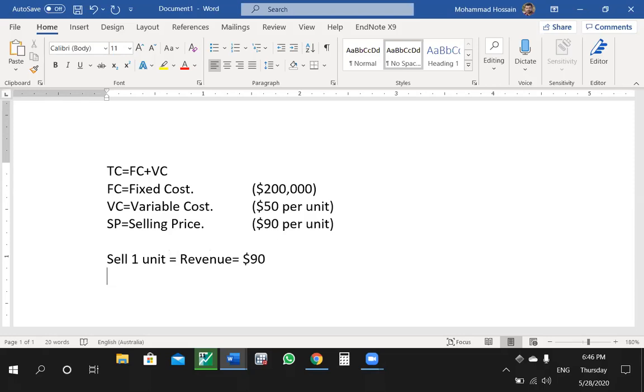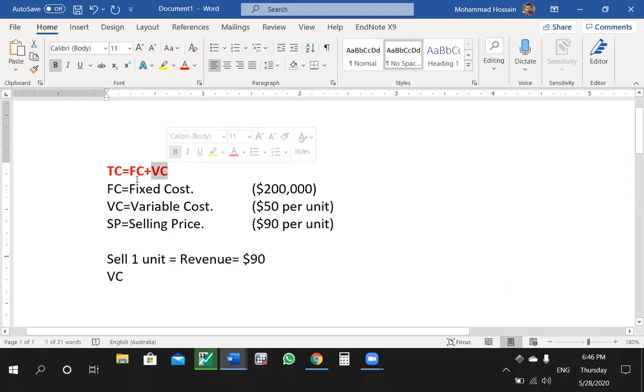We don't know. We know the variable cost, but variable cost is not your total cost. Another part is left. Total cost is your fixed cost plus variable cost. So we know the variable cost, but we don't know the fixed cost of that unit.